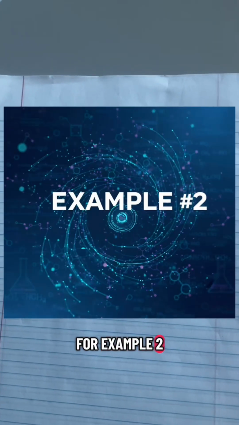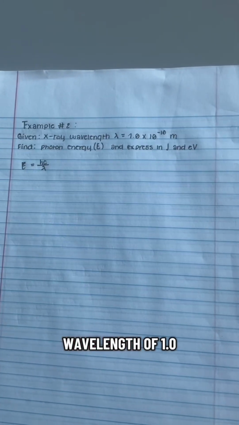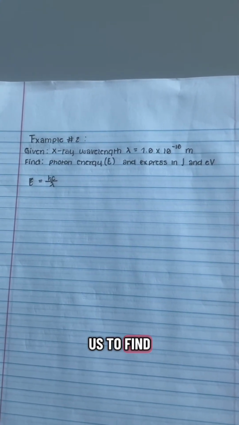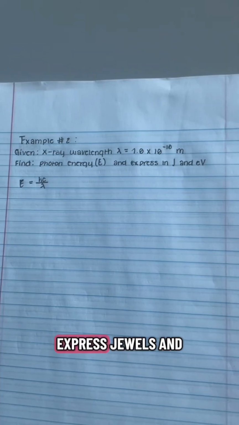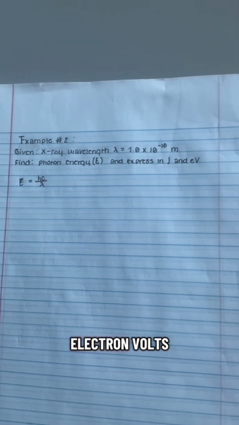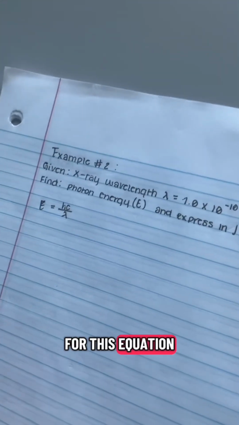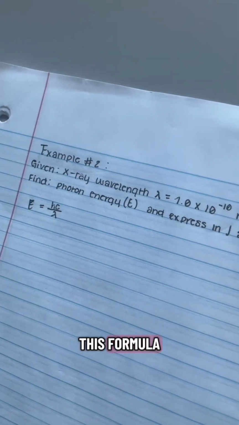For example 2, they give us the X-ray wavelength of 1.0 times 10 to the negative 10th, and they want us to find photon energy and express it in joules and electron volts. For this equation, we're going to use this formula.